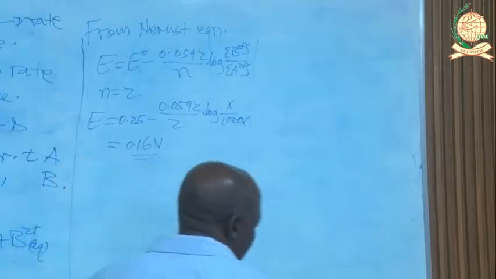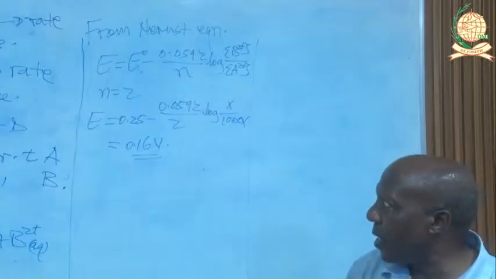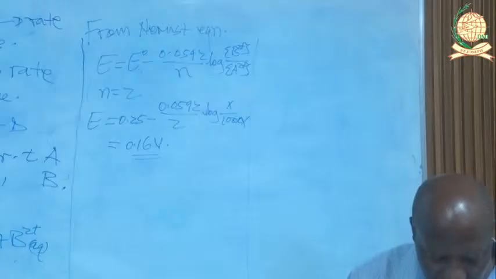So this is the cell potential if the concentration of A is 1,000 that of B.